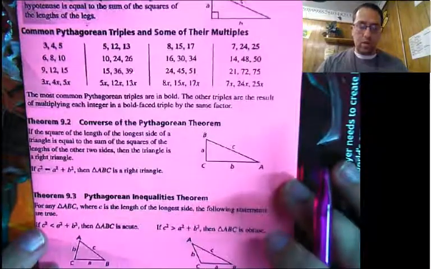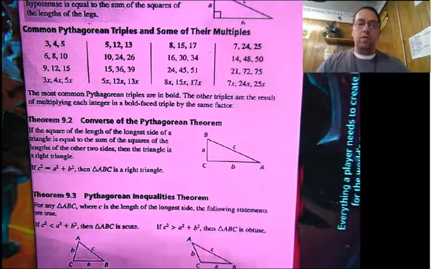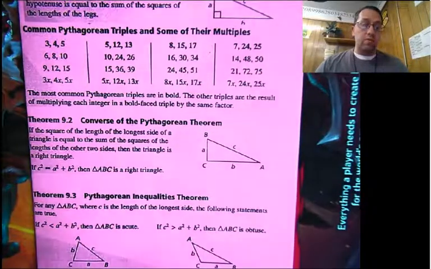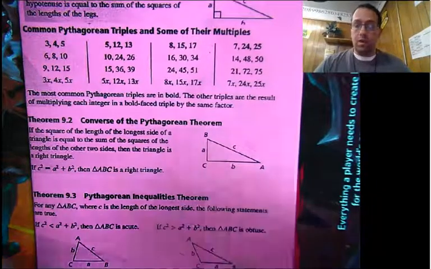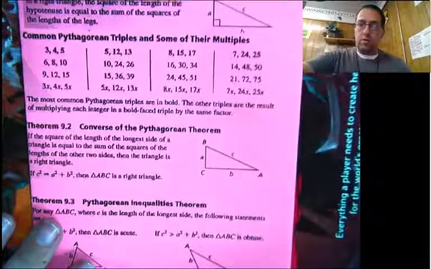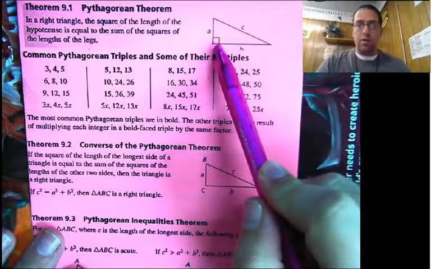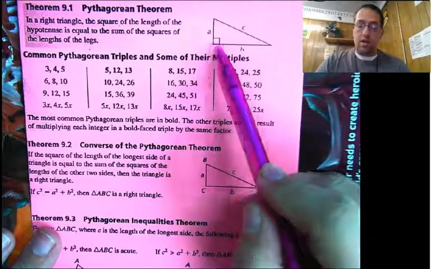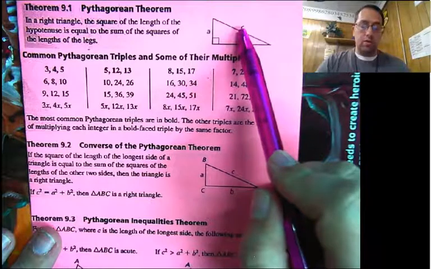9.2, the converse of the Pythagorean theorem. What this says is if a squared plus b squared really does equal c squared, then your triangle is going to be a right triangle. So the Pythagorean theorem says if you know that it's a right triangle, then you can conclude that a squared plus b squared is going to equal the length of the hypotenuse squared.